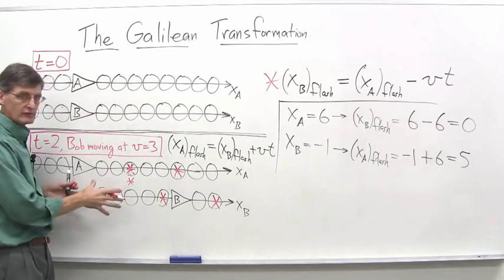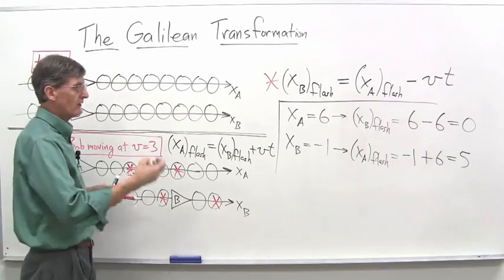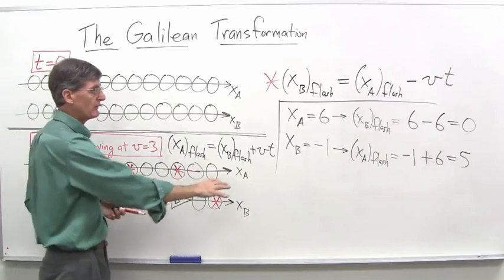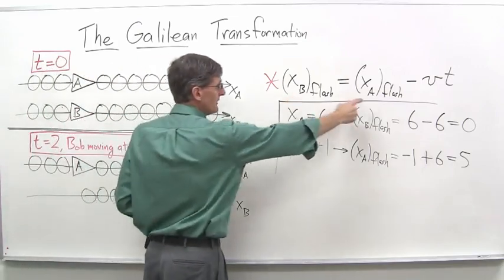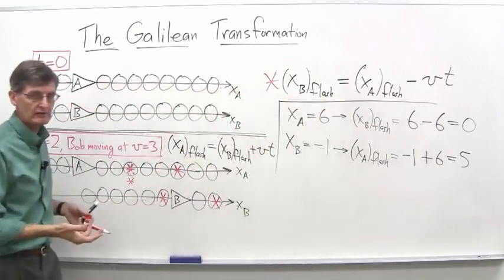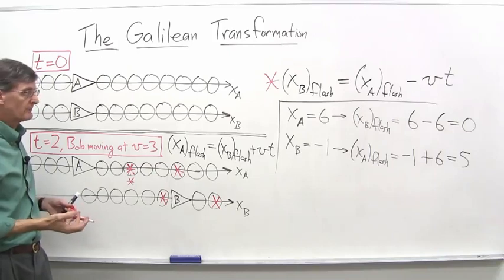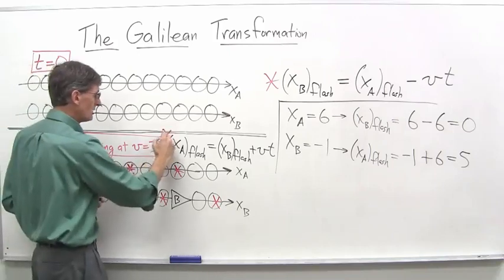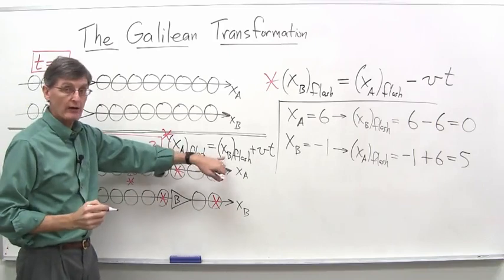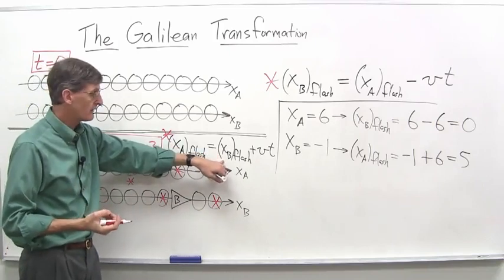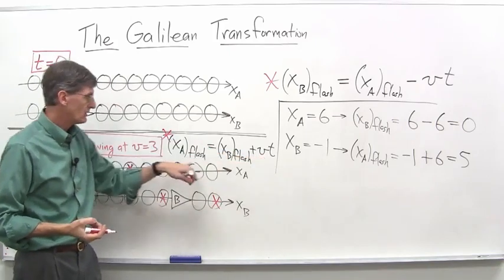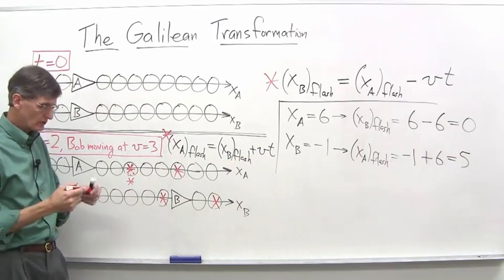And then given that situation, we can say, okay, if I have something in Alice's perspective and I need Bob's location, this is the equation. I subtract vt from Alice's location. Or, here's the other one right here, if I'm given something from Bob's perspective, his frame of reference, I add vt to get Alice's location of that.